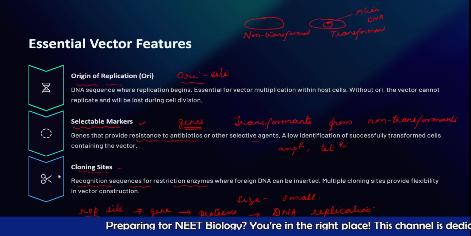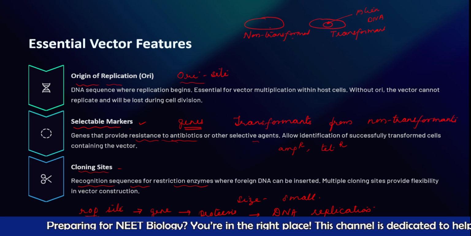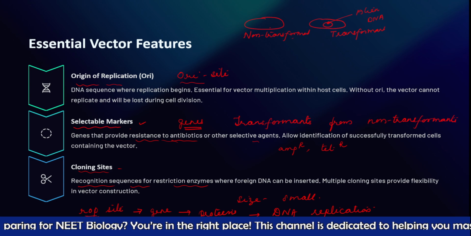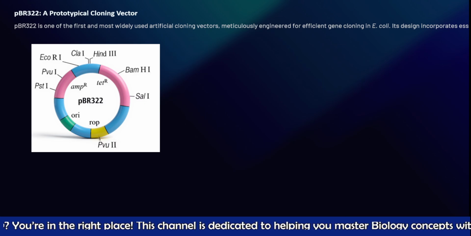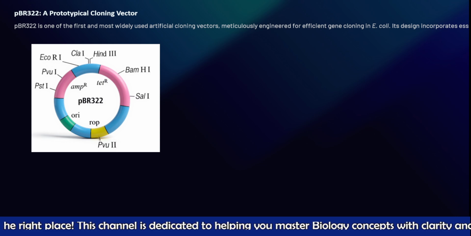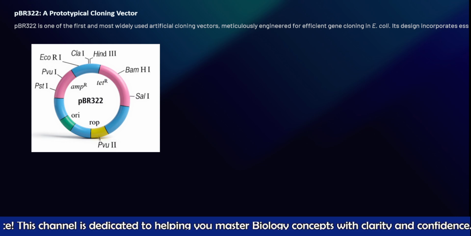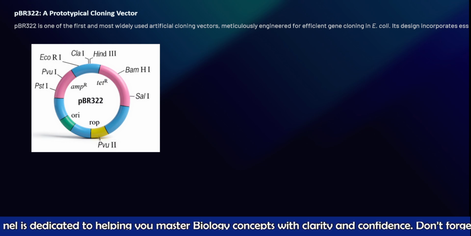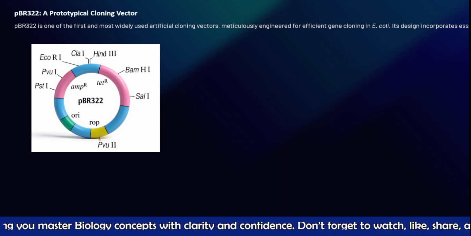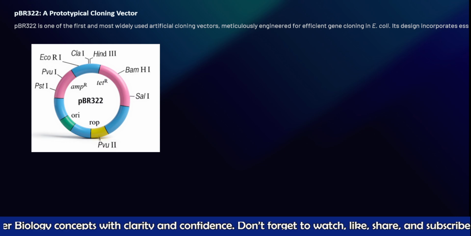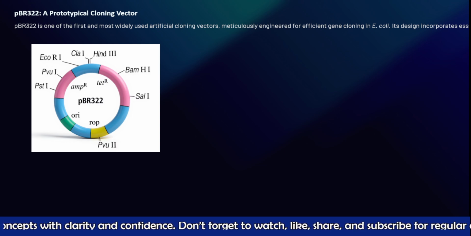So we will learn one artificial vector that is called pBR322. In all the competitive exams and your board exams, a lot of questions came based on this diagram. So you can expect questions from this topic, pBR322, this time also. So what is pBR322?